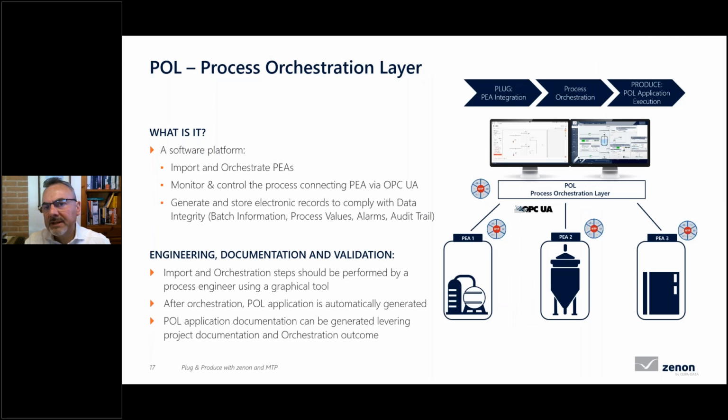The third component is the POL, the process orchestration layer. It is a software platform where you can import and orchestrate the PEAs together, and then you can finally monitor and control every PEA using, in this case, OPC UA, so you can command every specific service. And then, importantly, in order to comply with data integrity, it should be able to generate and store in a proper way electronic records, like batch information, process values, alarms, and audit trail.